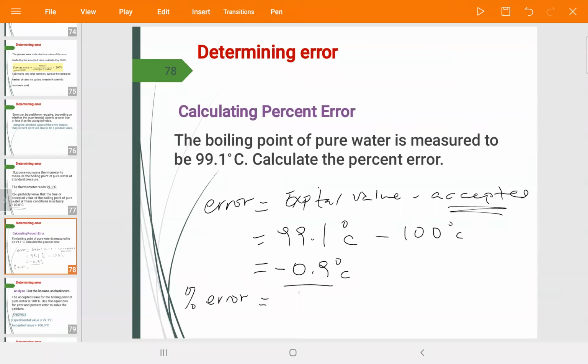If you are asked to calculate percent error, it is equal to the absolute value of error over the true or accepted value times 100. So the absolute value of negative 0.9 is 0.9, over the accepted value of 100 degrees Celsius, times 100, and this will give you 0.9%.